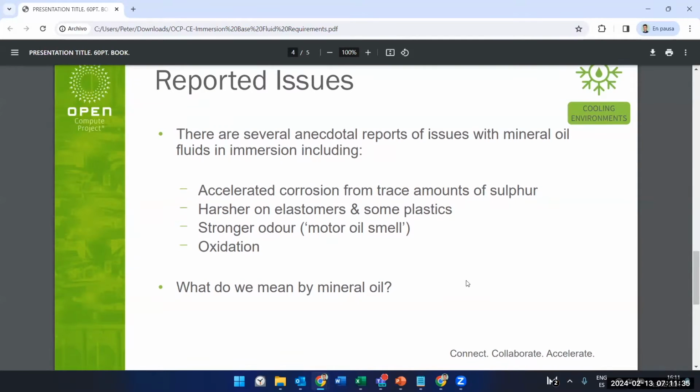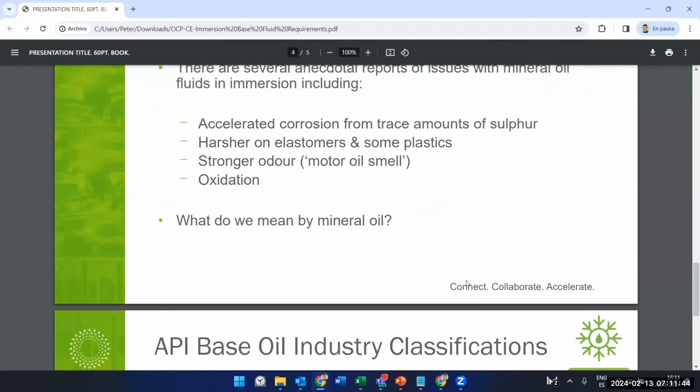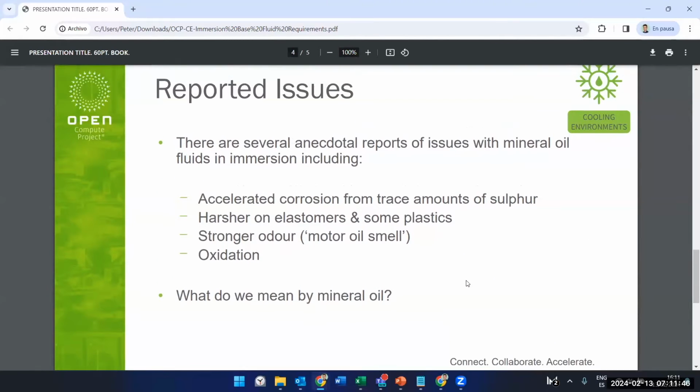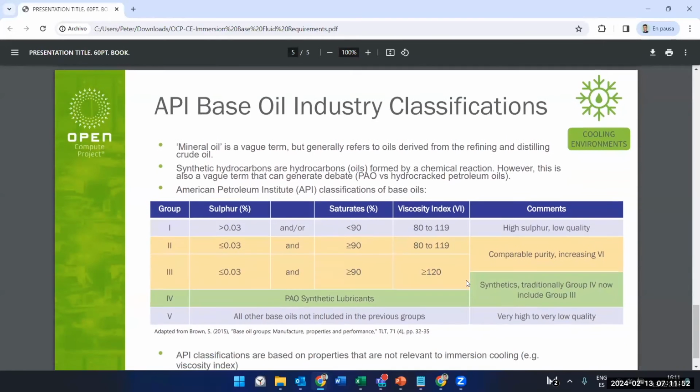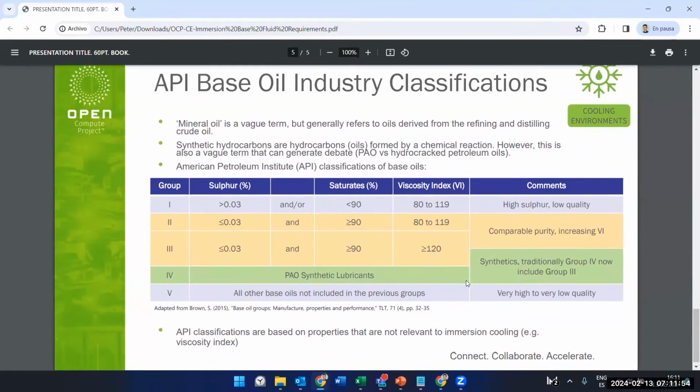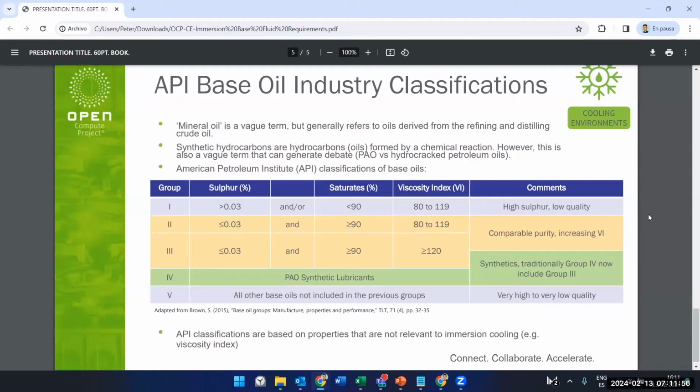One thing that some of you might have picked up on here is what we actually mean by mineral oil, right? What's the definition there? I think that brings us to the challenge of this issue, and maybe where we want to kick off the discussion. A lot of you would be familiar with the petroleum lubricant oil industry classifications of fluids.